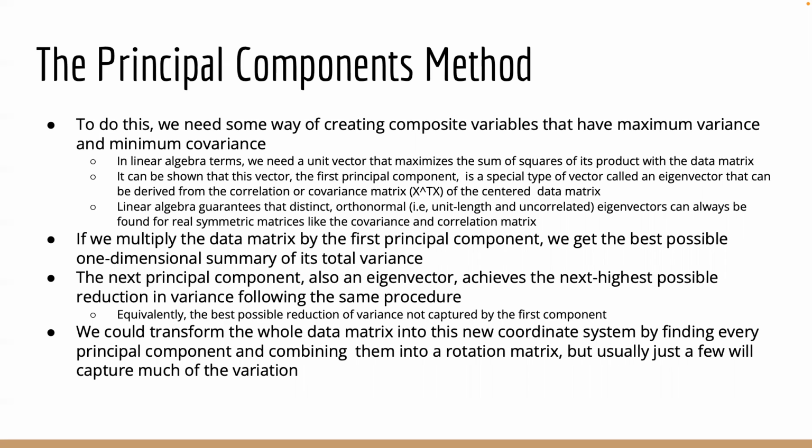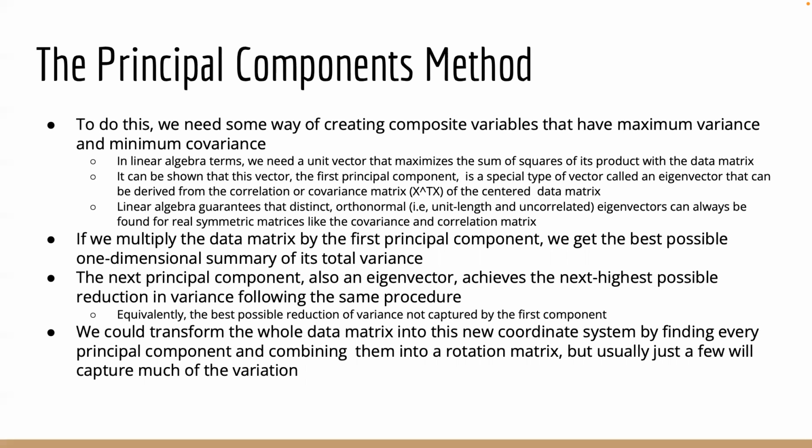And so if we just multiply the data matrix by the first principal component, or the eigenvector associated with the highest eigenvalue, then that resulting vector will be the best possible one-dimensional summary of its total variance. And if we want to keep going, we can do the same thing for the next principal component, which is the eigenvector associated with the second highest eigenvalue, which will be the second best such one-dimensional summary purely of variance not extracted by that first eigenvector.